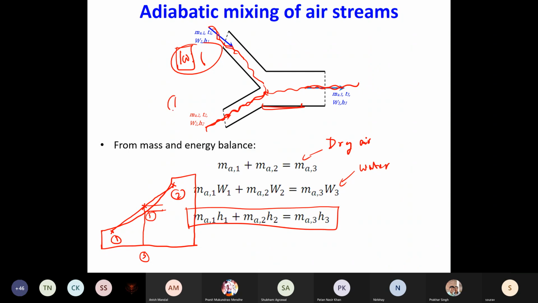So if you have 1 and 2 mixing and your state 3 is such that the relative humidity is higher than 100%, then it simply means that you will have water getting collected in this mixing chamber and the exiting state would be 100% at that particular temperature.